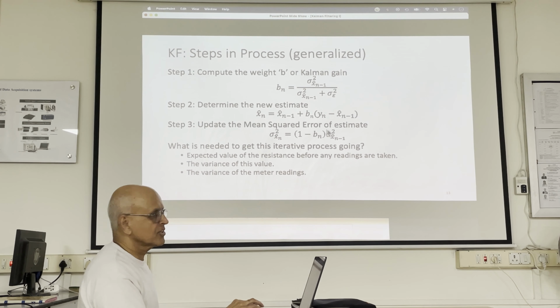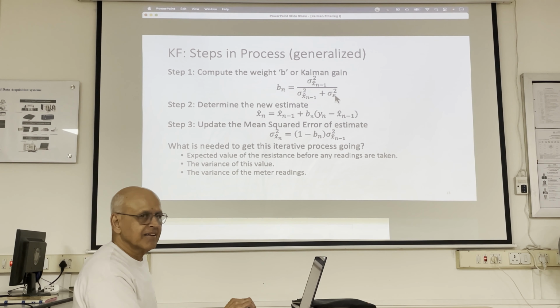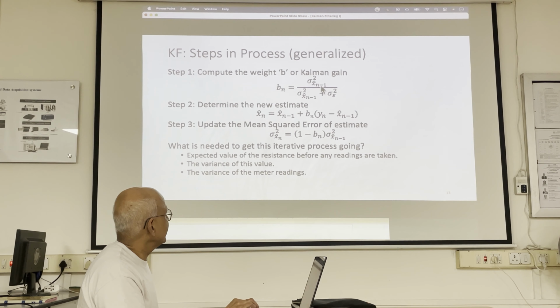So these are the equations so far, just the static case. First, you calculate the Kalman gain, which is the sigma squared of the previous estimate over the previous sigma squared plus the measurement variance. The meter variance doesn't change at all here, right?